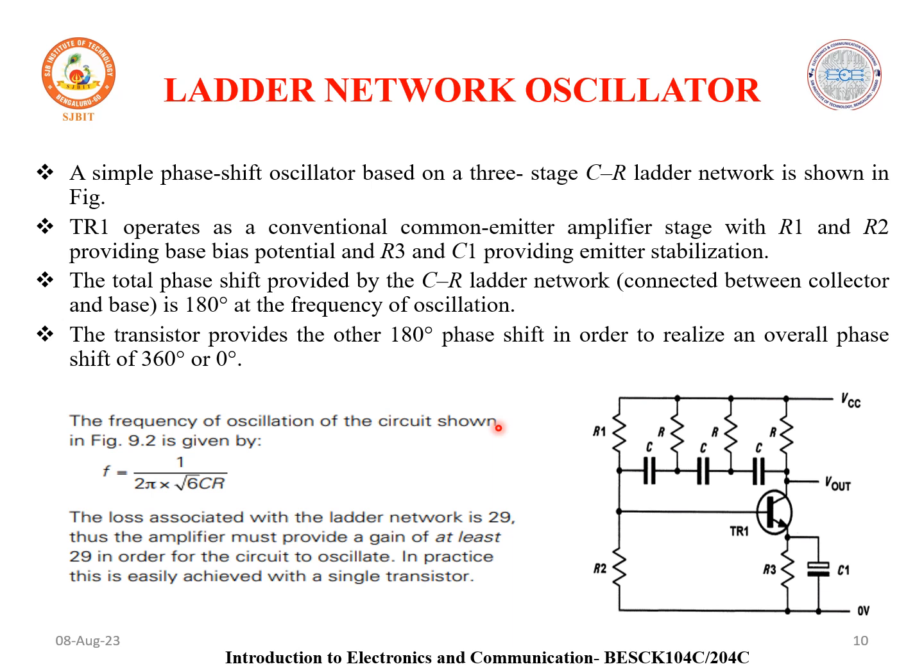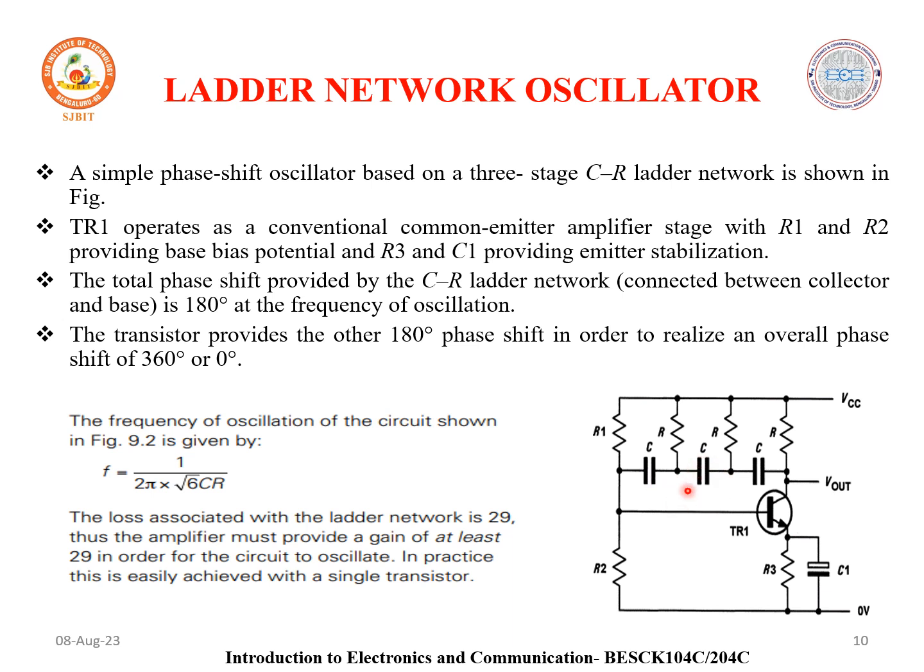For oscillation to occur, the value of 1 by beta should be greater than 29. That means the loss associated with the ladder network is 29. Thus the amplifier must provide a gain of at least 29 in order for the circuit to operate.